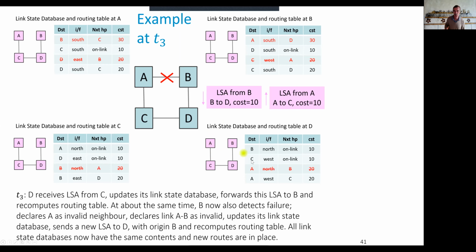This will not bring new information, but will be flooded by everybody, and everyone will have a consistent view of the topology and will compute updated routes. So at the end, we see that the loss automatically triggers recomputations.